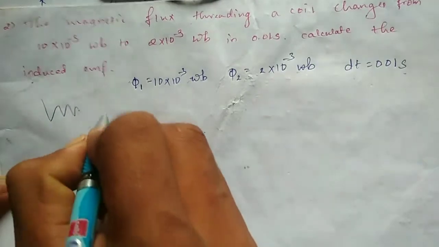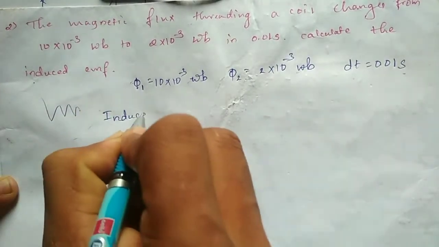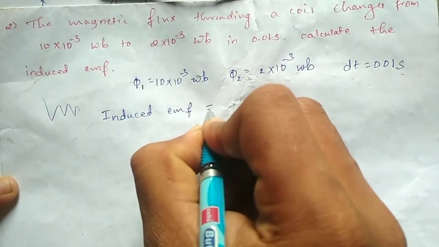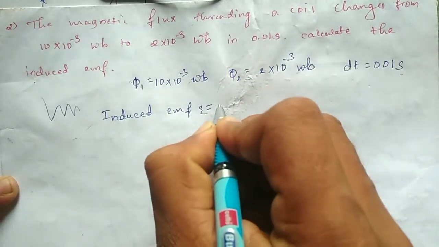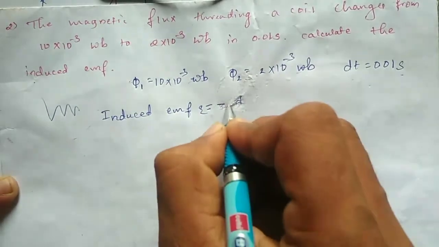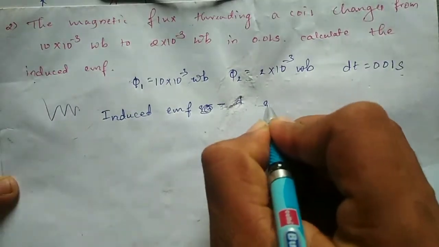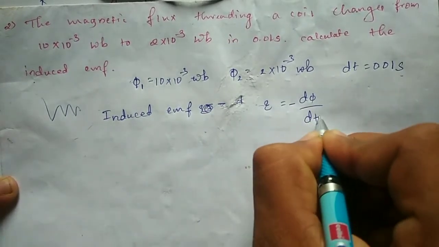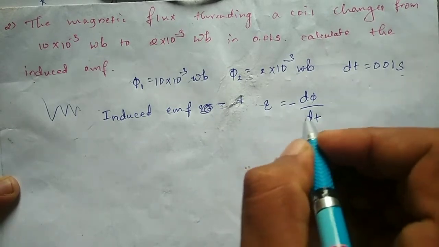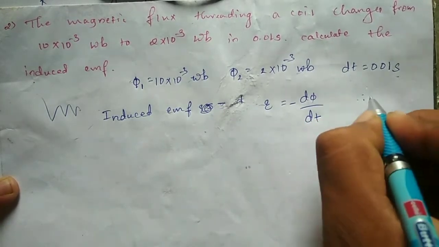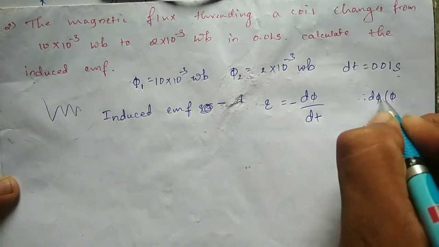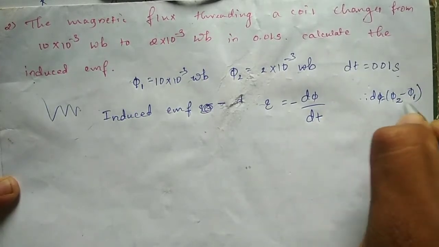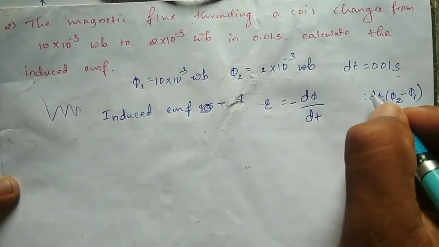Now the induced EMF epsilon is equal to minus d phi divided by dt, and d phi is nothing but phi2 minus phi1. You know the phi2 value and phi1 value, so substitute here.